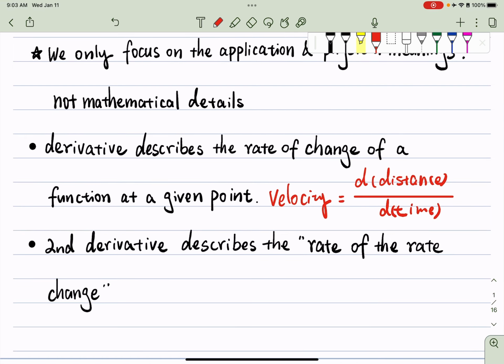We'll occasionally also talk about the second derivative. It's a little bit odd when you're talking about the second derivative. It's more like the rate of the rate of change, or the derivative of a derivative. So again, in our real lives, the best representation for a second derivative is acceleration. So acceleration describes how velocity changes as a function of time.